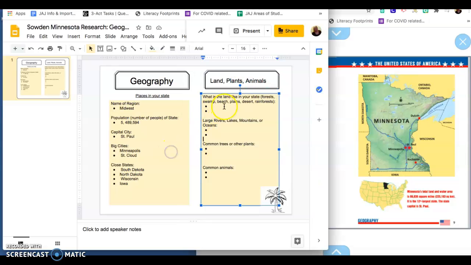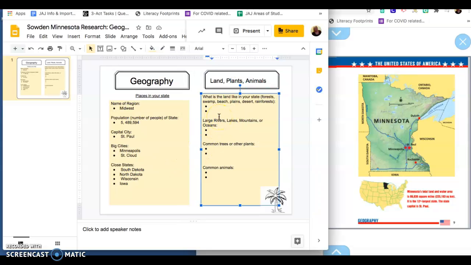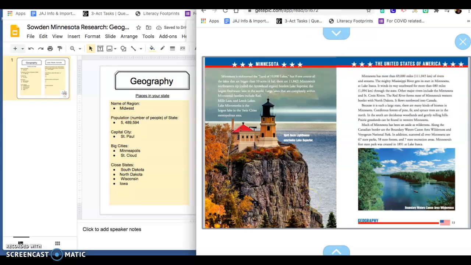Is it really telling me? Well, just looking at this picture and thinking about what I read, there are lots of lakes. And going to the next page, yep, here it says Minnesota's nicknamed the land of 10,000 lakes.